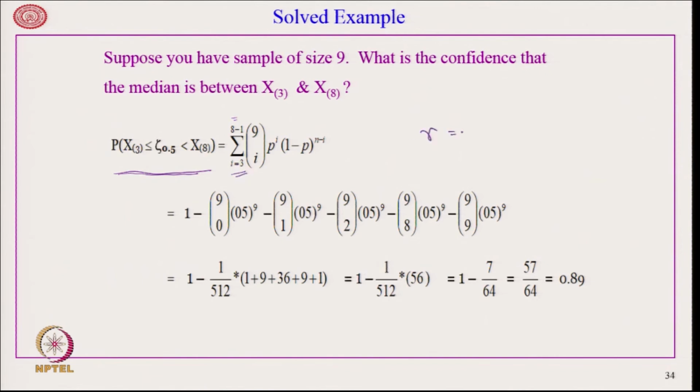Therefore, r is equal to 3 and s is equal to 8, and as we have seen earlier, the sum from 3 to 8 minus 1 of 9 C I p to the power I, 1 minus p whole to the power n minus I. Here n is equal to 9.